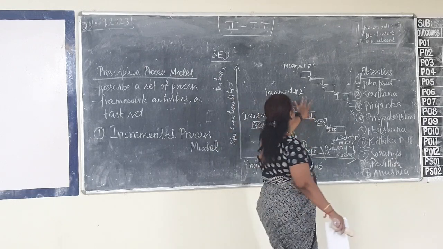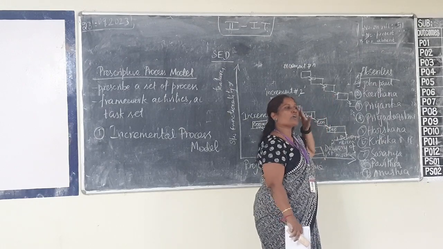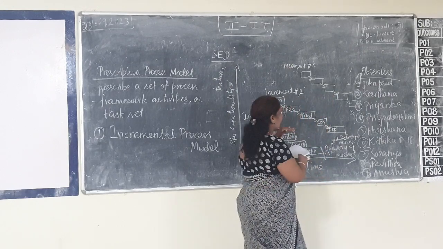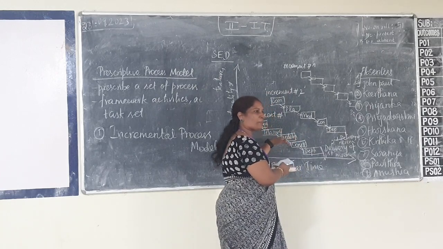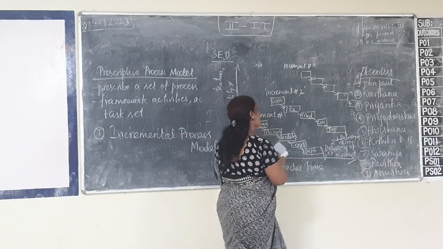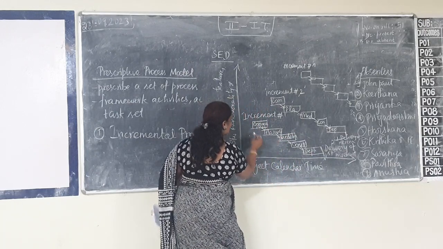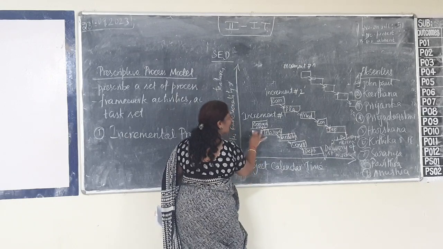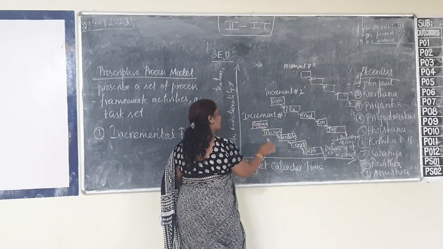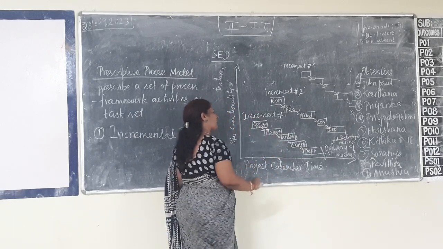Each individual increment is a waterfall model. As we mentioned, waterfall model is for the smaller project. So for one particular module or phase, we will be using a waterfall model. At the same time, when the first increment started, let us assume at time 1 communication is started, at 2 planning of increment 1 is started, at 3 modeling of increment 1 is started.